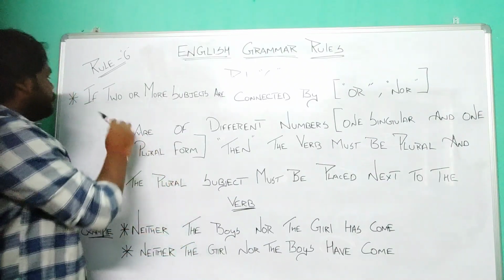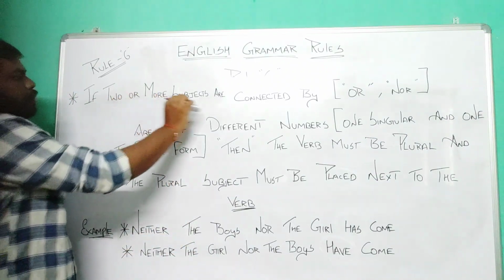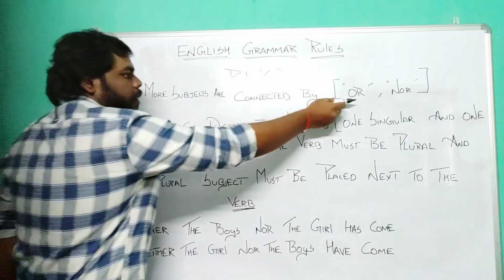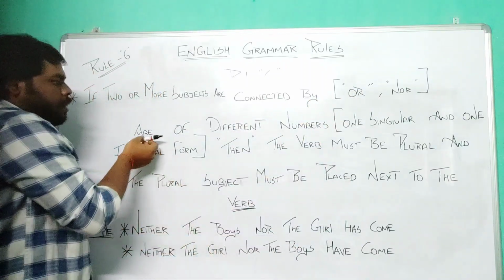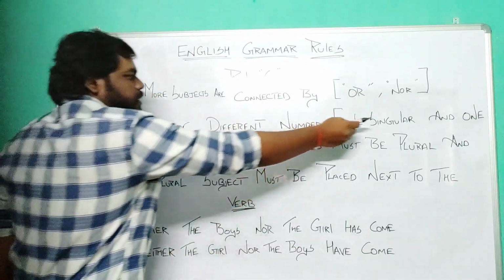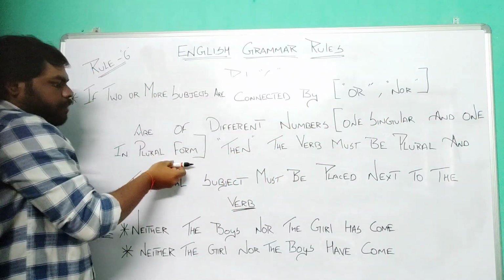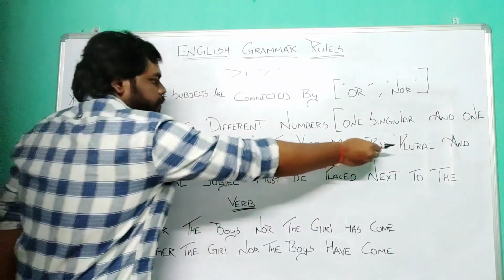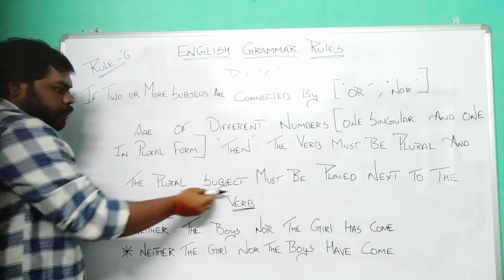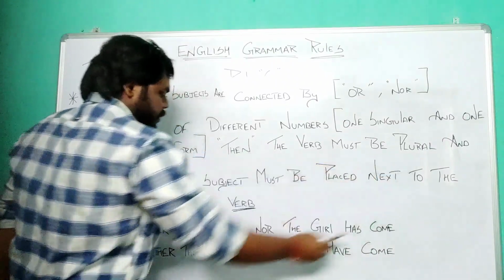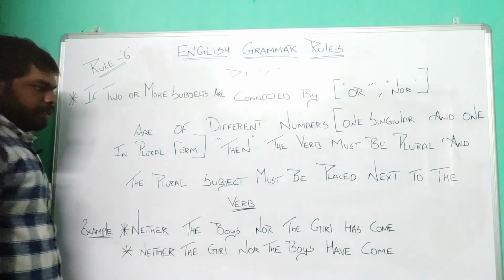Let us see once more. If two or more subjects are connected by or, nor, are of different numbers, one in singular and one in plural form, then the verb must be plural and the plural subject must be placed next to the verb, right.